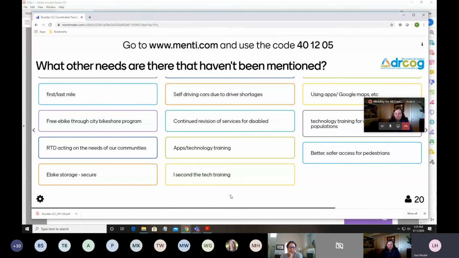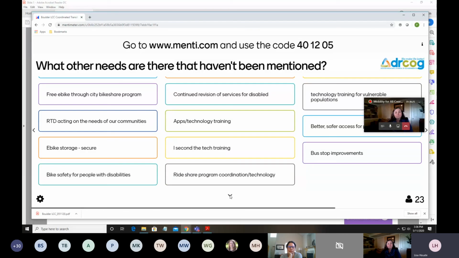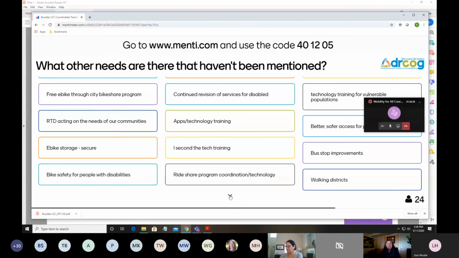Seconding the technology training. Bus stop improvements, these are all great. Bike safety for people with disabilities, rideshare program coordination and technology. Walking districts.